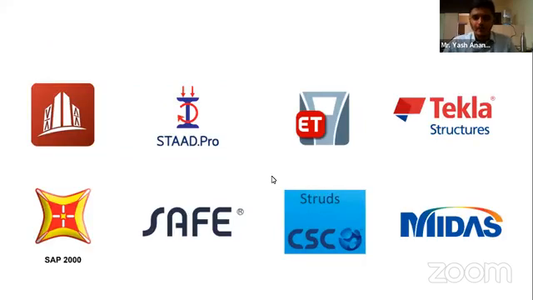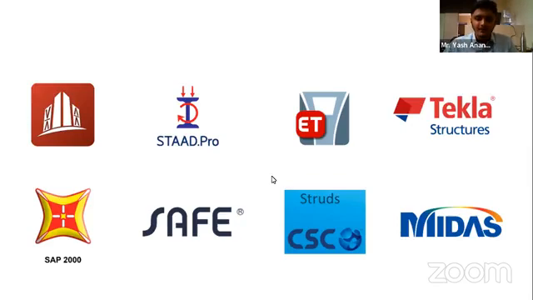Let's start. There are lots of software available in the market for structure designing, like StatPro, StatPro V8i, StatPro Connect, ETAP, Tekla Structures, SAP 2000, SAFE, STAAD or Midas. All these are international software used for the design of various types of structure, like underground water tanks, high-rise buildings, bridges.